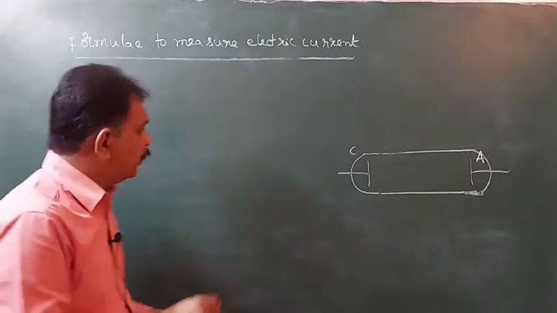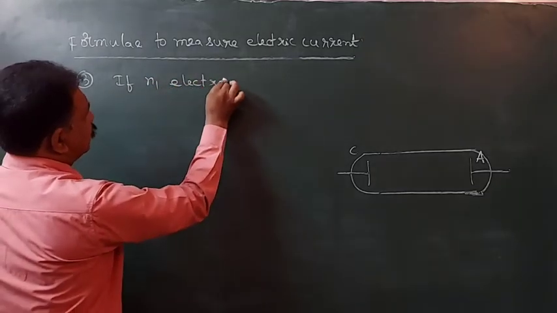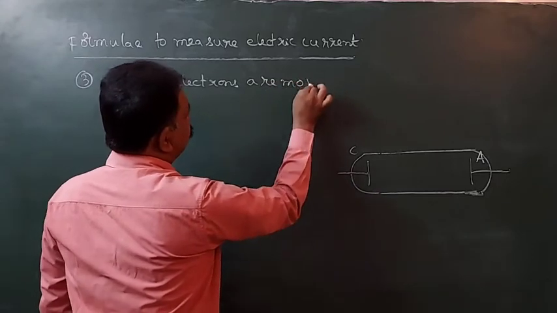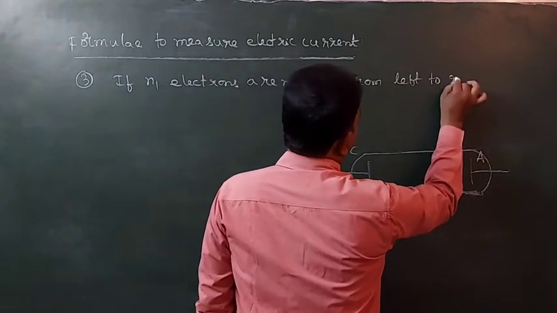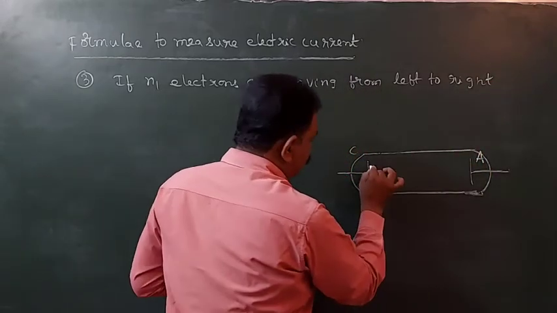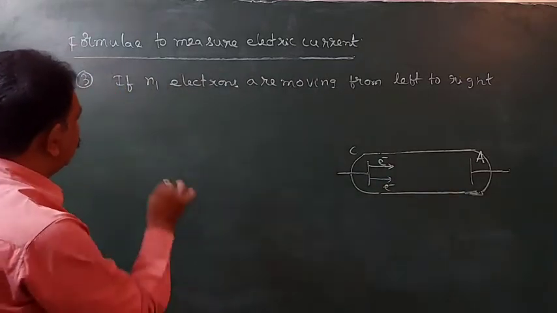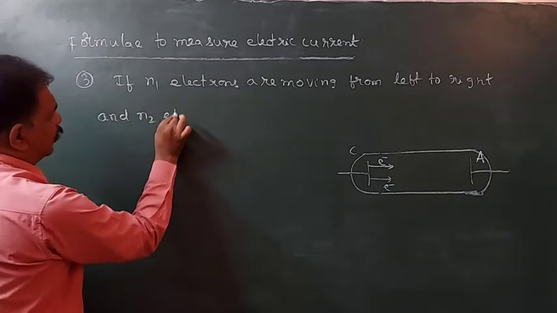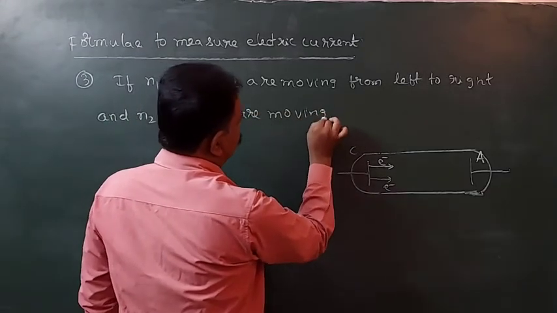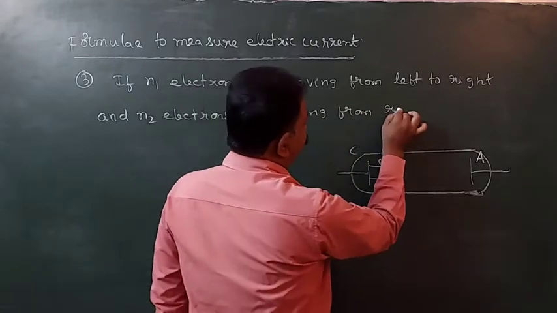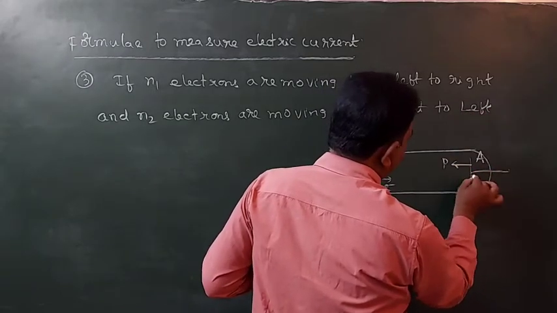Let us assume n1 electrons are moving from left to right, and n2 protons are moving from right to left, means in this direction.